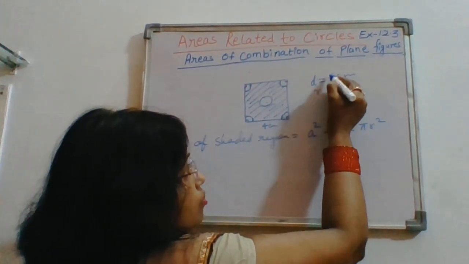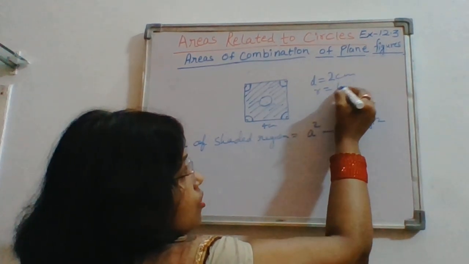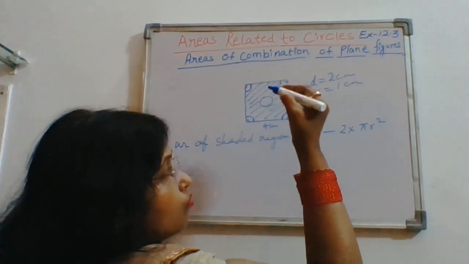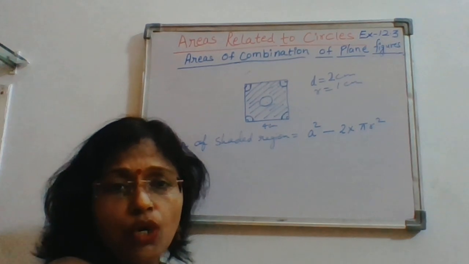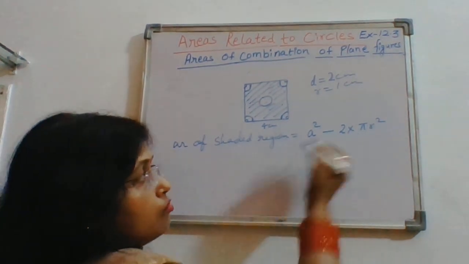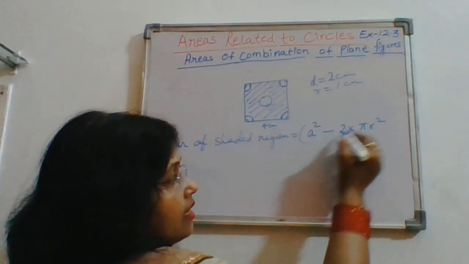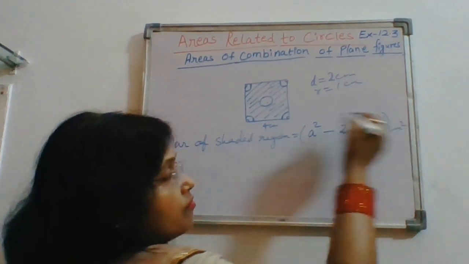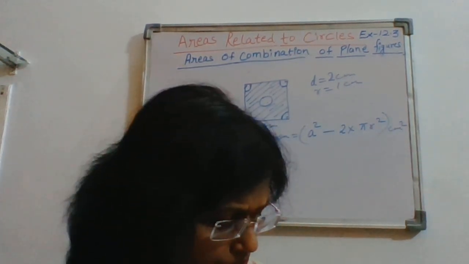That means, sorry, 2 centimeters. So radius is 1 centimeter, and here the quadrants are also having the radius 1 centimeter. Substitute the value, you will get the area of the shaded region.